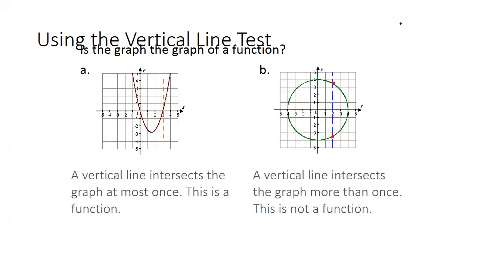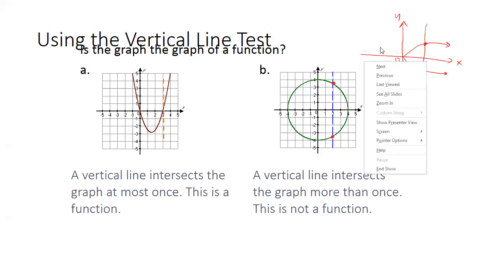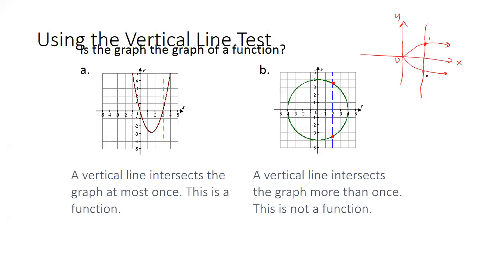So if I have a horizontal parabola, is that a function? Does it violate the vertical line test? If I draw a vertical line through this horizontal parabola, is this going to intercept at more than 1 point? Yes, right there. See, let's say this is 0. Let's say this is, I don't know, 1. And let's say this is 1 and -1, okay? All right, so look at these ordered pairs.